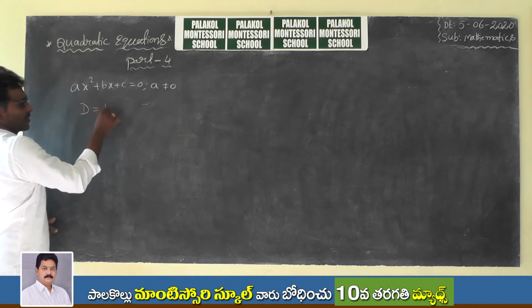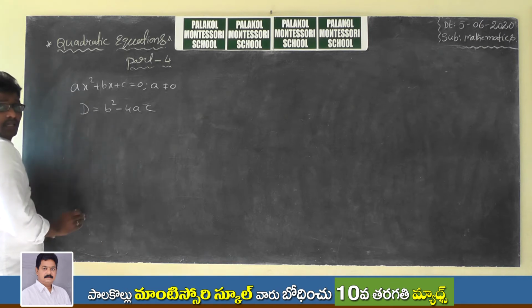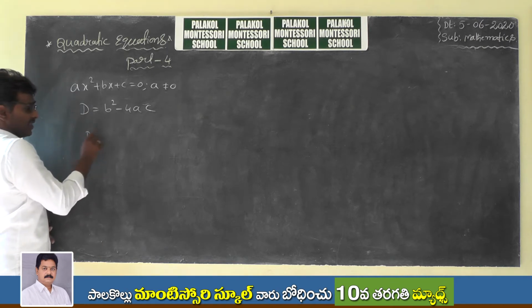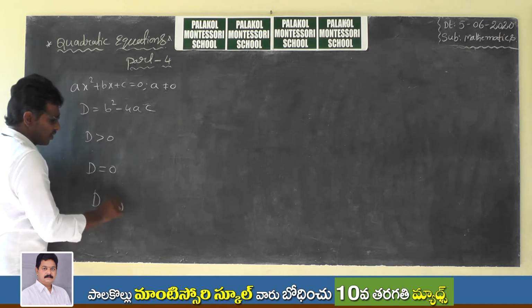Okay. Now, a not equal to 0. Write the discriminant D equals b square minus 4ac. Suppose this D has three forms: D is greater than 0, D is equal to 0, and D is less than 0.